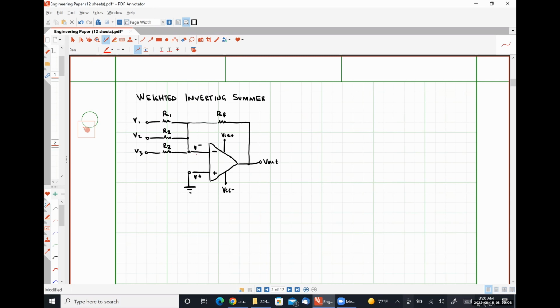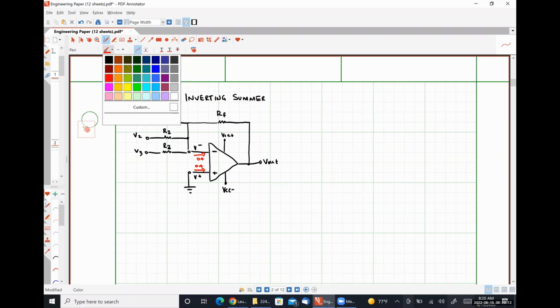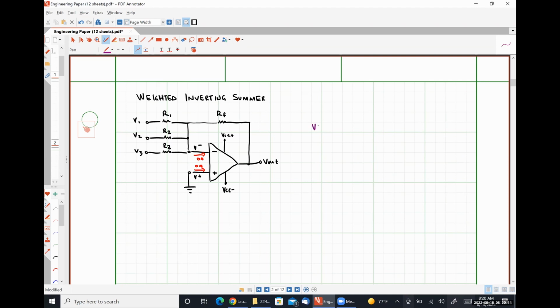Okay. So let's apply our three-step process. First, we observe that our currents flowing into the input terminals must be 0. And we can see by inspection that our voltage V plus is equal to 0 volts.